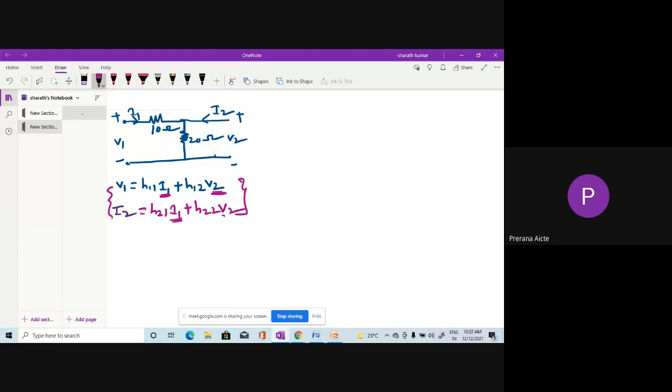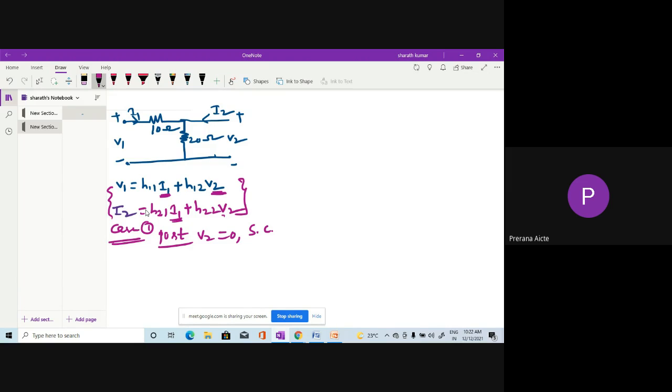So just go for case 1. Case 1, go for port 2. What is the parameter in the equations for port 2? V2. So for port 2, V2 is equal to 0, that is, port 2 is short circuited.